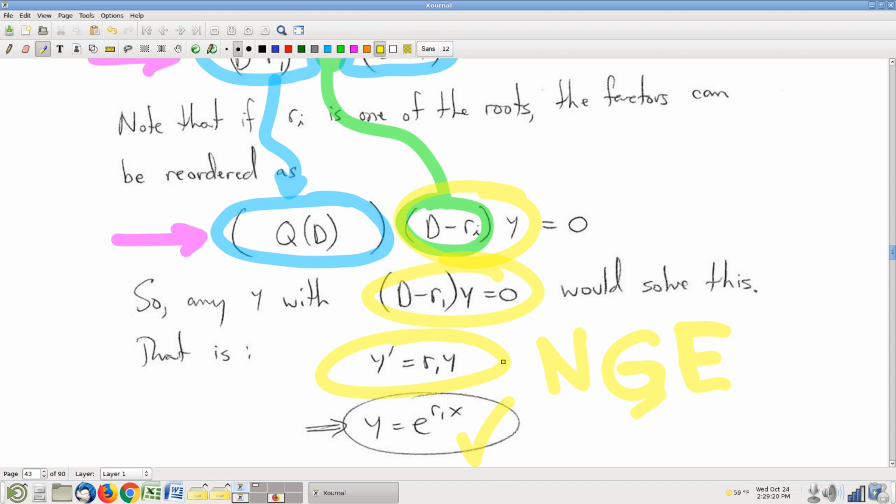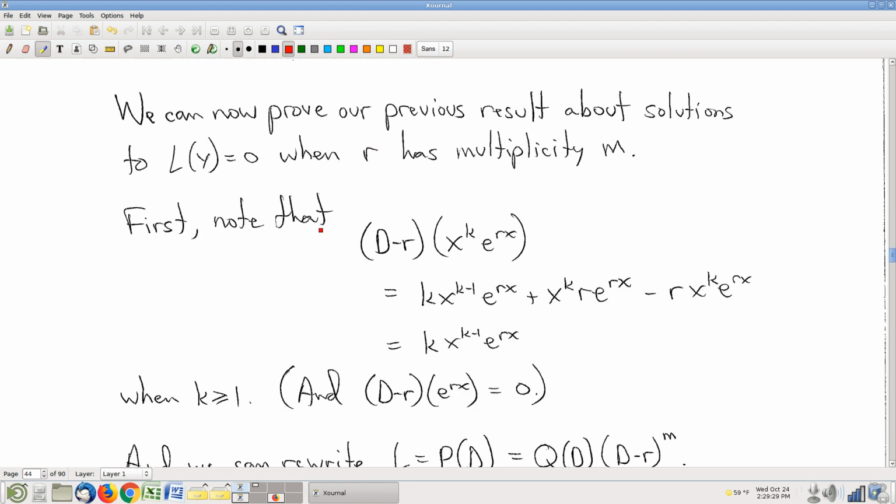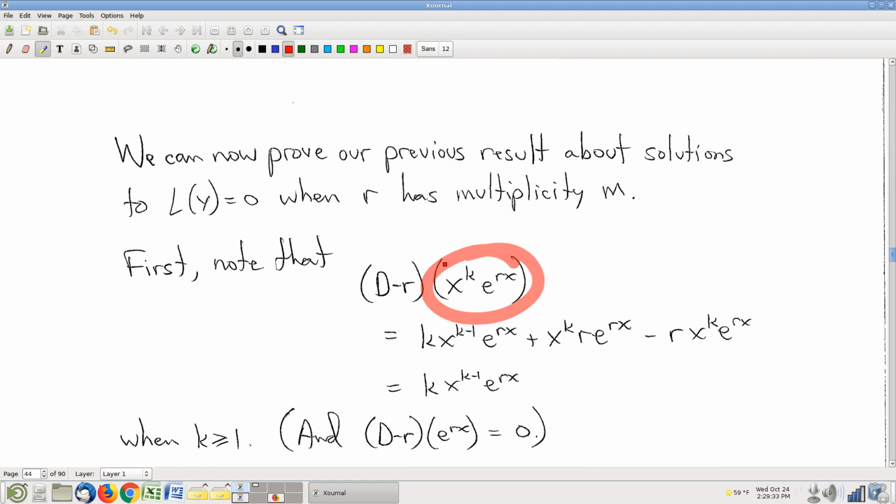Everybody happy? Okay, just a little bit of a preview of what's coming up on Friday. Recall there was this question of how do you know that multiplying by x to the k, various values of k, when you have a repeated root, why is it that multiplying by powers of x will give you the additional homogeneous solutions.